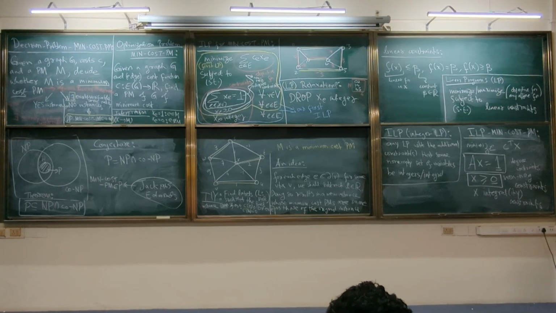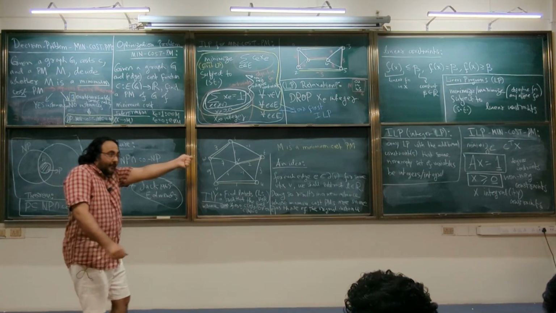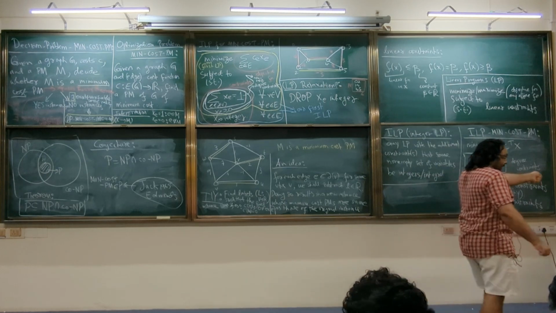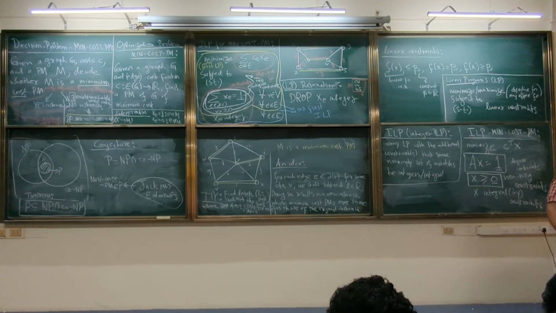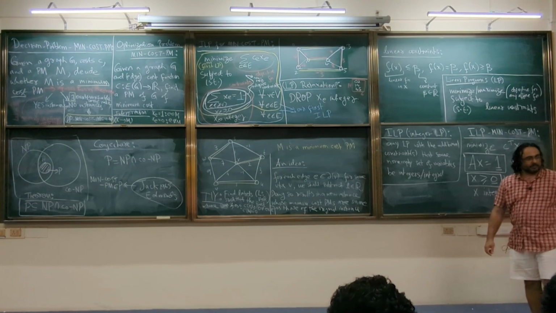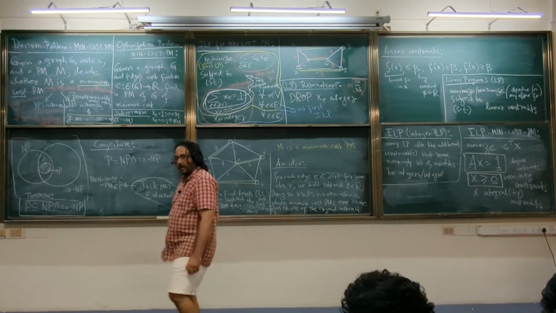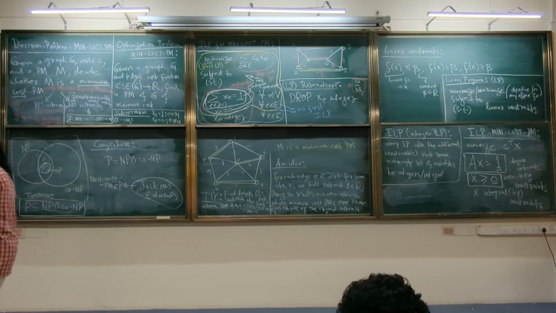If you are able to find such labels, then you don't need to enumerate all the perfect matchings for your friend. You just tell them, here is a set of labels, and now I have therefore proved to you that this is a minimum cost perfect matching. Here, the cost is perturbed for each vertex by any arbitrary real number.